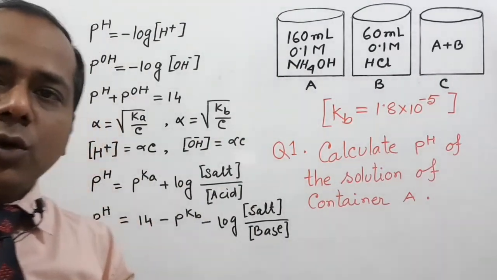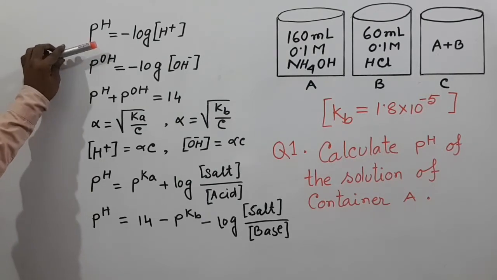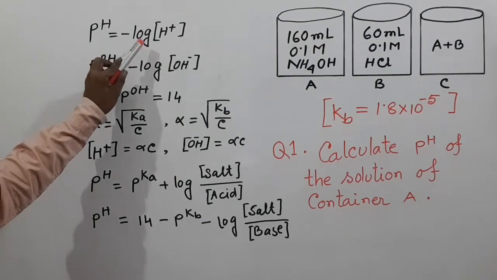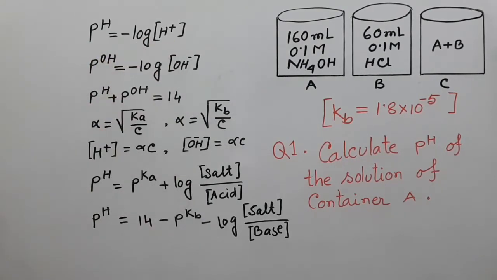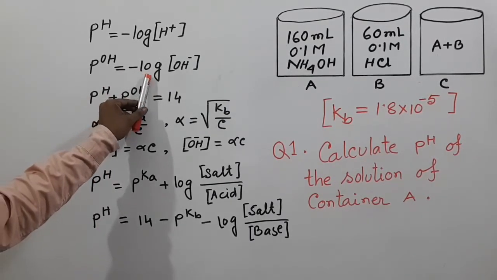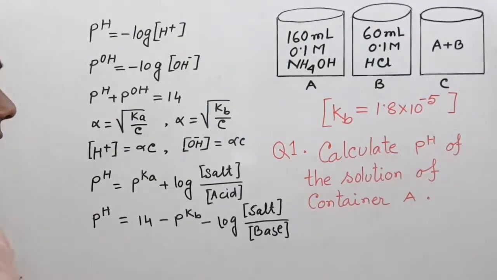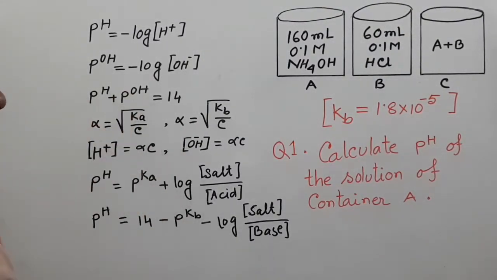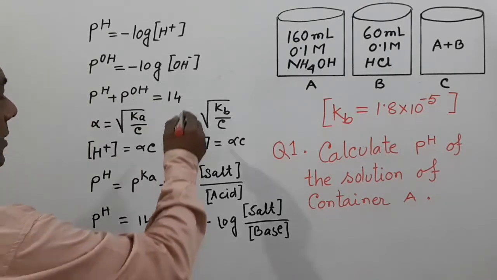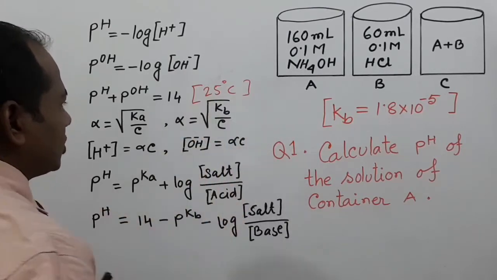My dear students, to solve this stem we have to know these formulas. At first, what is pH? pH is the negative logarithm of the molar concentration of hydrogen ion. pOH is minus log of the molar concentration of hydroxyl ion, and pH plus pOH equals 14, and this is at 25 degrees Celsius temperature.